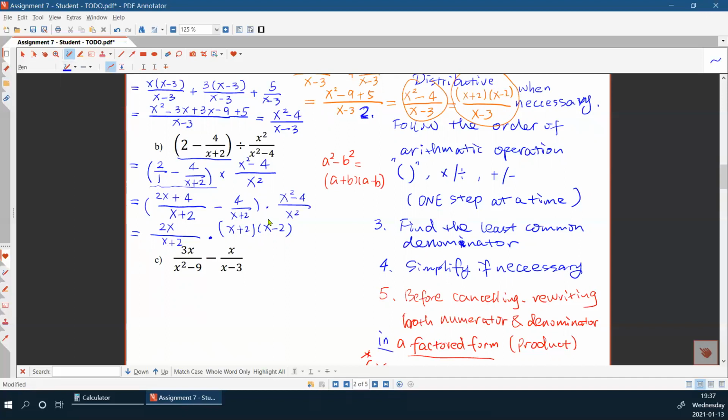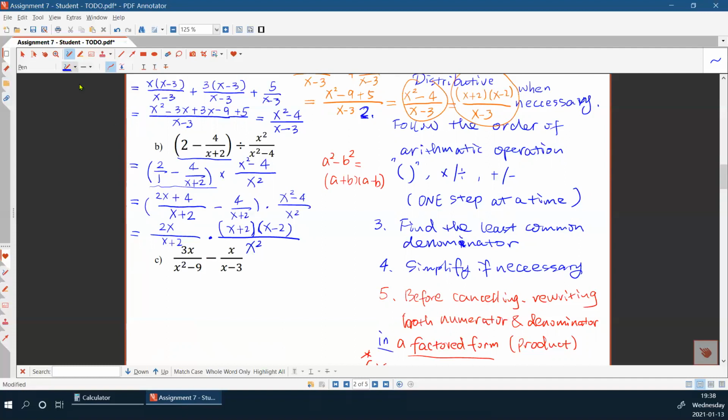Okay, so here, now the numerator is in a factored form, which means now it's a product between x plus 2 and x minus 2 over x squared. Okay, x squared is already in a product or factored form. It's the product of x and x, right?